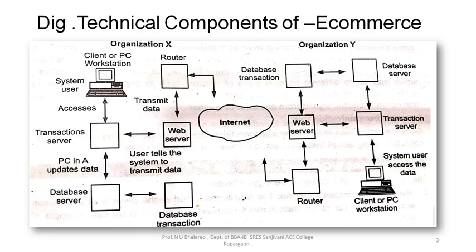In the above diagram, we see there are two organizations, organization X and organization Y, correlated to perform a transaction with their technical components. In further slides, we will understand each and every concept with its meaning and uses of the technical part in the procedure of e-commerce.